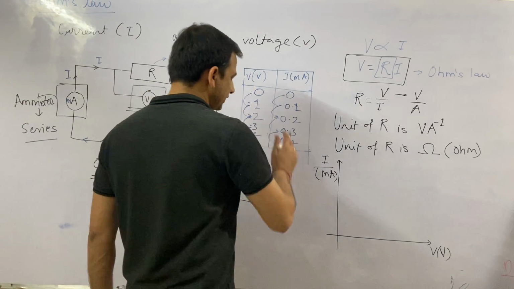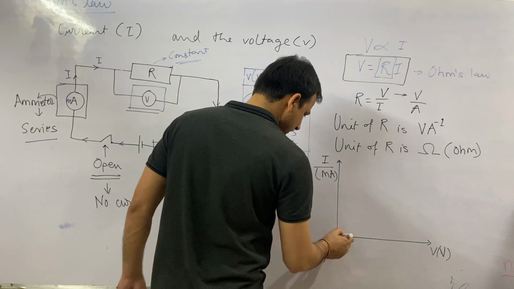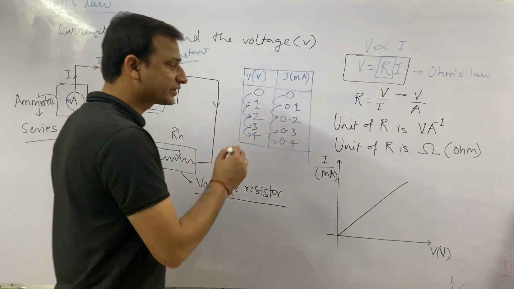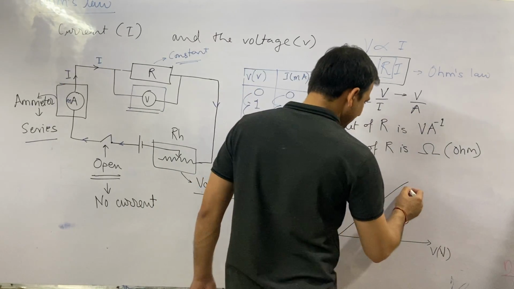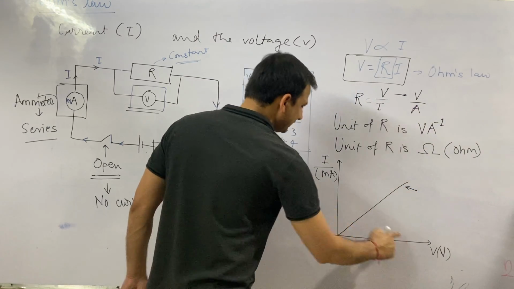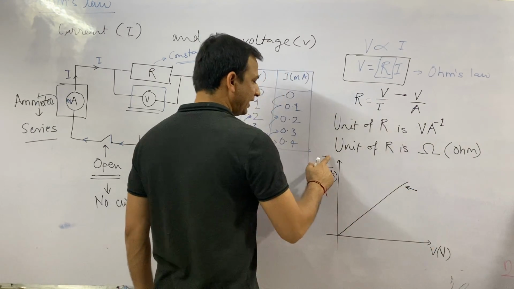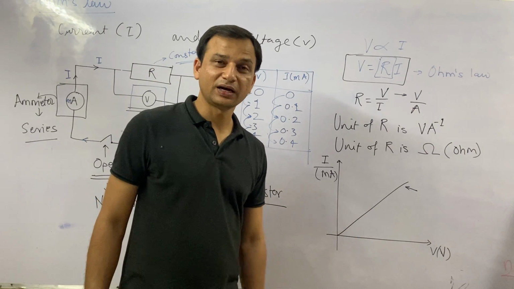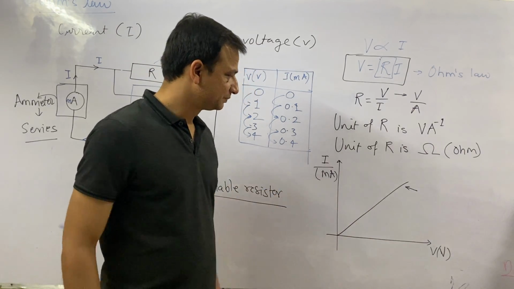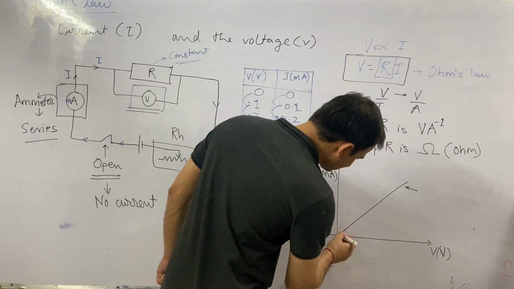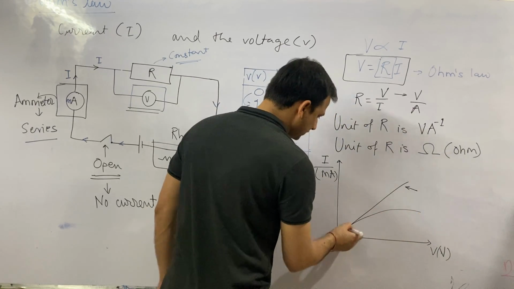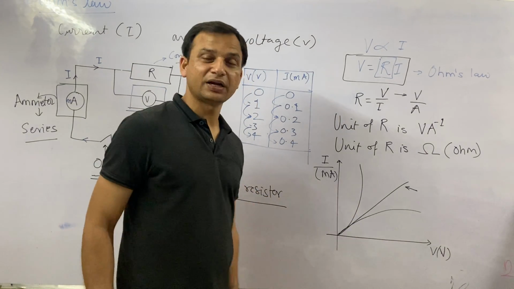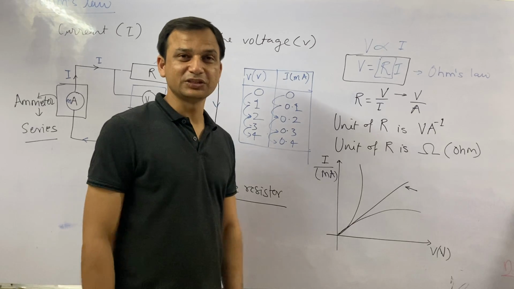Now if you draw a graph, you will get a straight line something like this, and this straight line shows that the voltage and current are directly proportional. If this line is curved something like this or like this, it means the voltage and current are not proportional to each other.